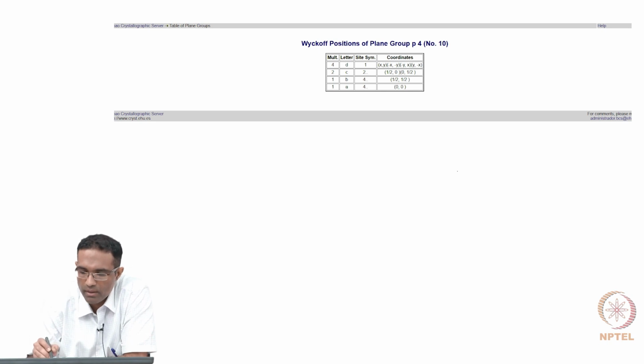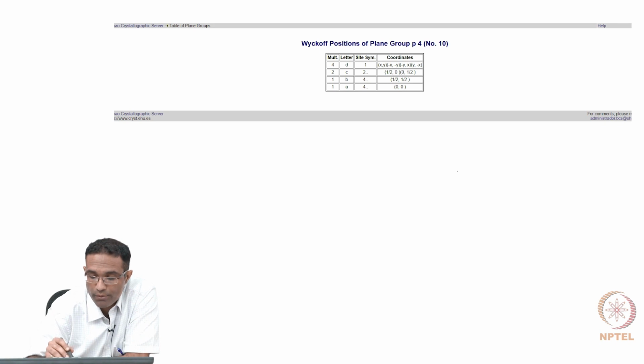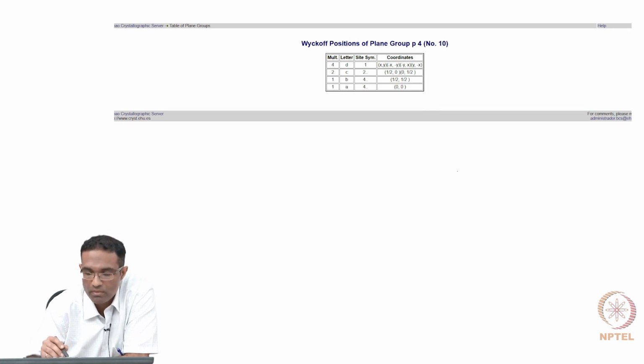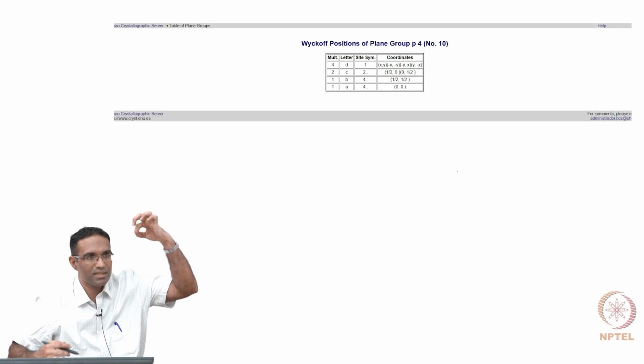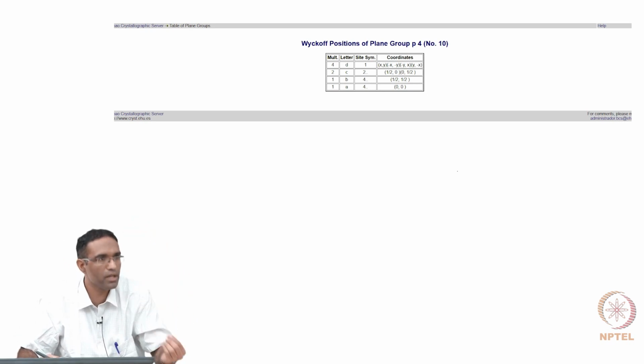They tell you that this is the plane group P4, right? And they tell you in the first column something called mult, which is basically the multiplicity of a general point. There is a letter that is associated with each and every position. It starts from A, from the lowermost row. Then there is something called site symmetry. That means if there is a symmetry element passing through that point, then the symmetry of that site.